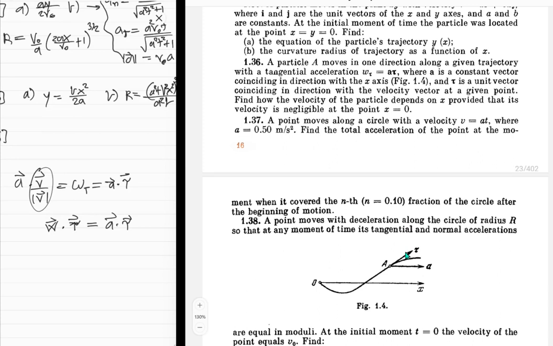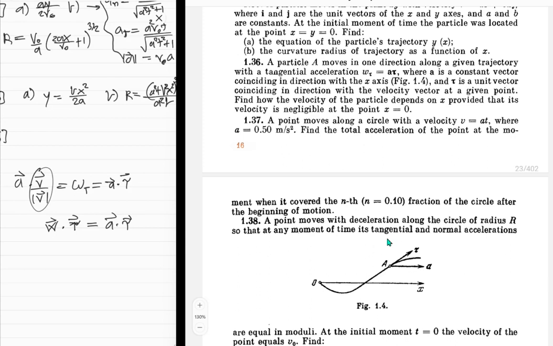Okay, this is not useful. Something normal to that, huh? Oh yeah, sorry. W is equal to A vector, which is along the x-axis, plus something that is normal to this thing. Exactly.